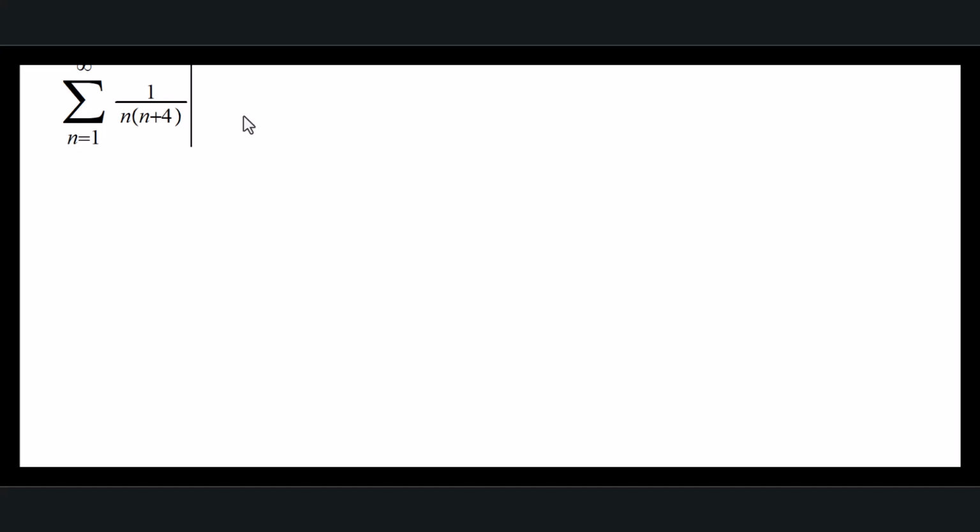Now we're going to try to find the limit of this series. The reason I'm saying it converges is that you can see the nth term of this sequence is less than 1 over n squared, because the denominator here is bigger than the denominator here.